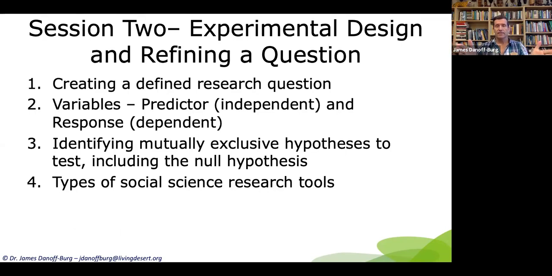Today, let's finish this question about refining our question and then taking that question and doing things with it, identifying variables, creating hypotheses, and especially the null hypotheses, creating predictions, which are different from hypotheses. And then we're going to talk about a variety of different social science research tools that we'll have at our availability for our disposal and use.